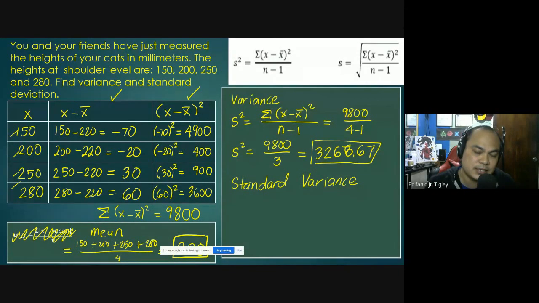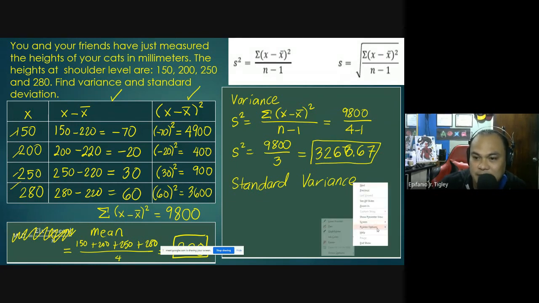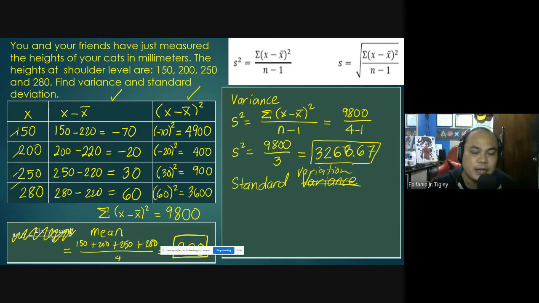This is not the variance, it's the standard deviation. Let me delete that. I cannot delete that, so I'm going to change the ink. This is not variance, correction there. This is standard deviation. The standard deviation is simply the square root of the variance.